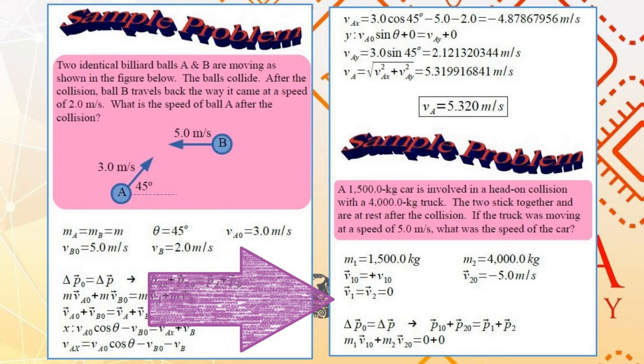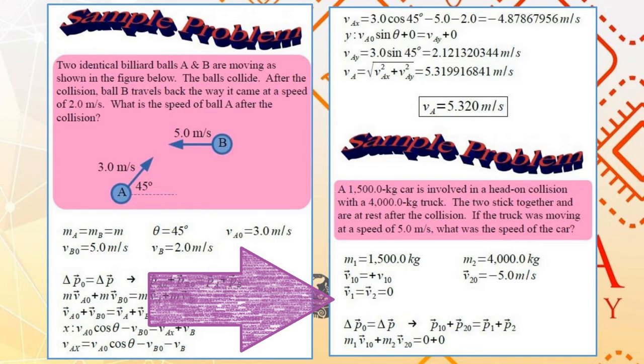Let the truck be heading in the negative direction, so V2 initial is equal to negative 5 meters per second. We don't know the initial speed of the car, but for the two to hit each other, if the truck is heading in the negative direction, the car is heading in the positive direction. So the initial velocity of the car is positive V1 initial.